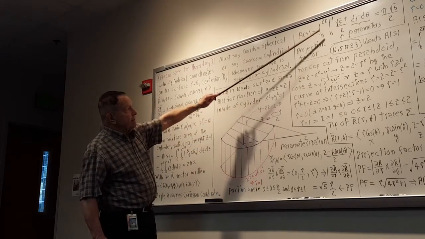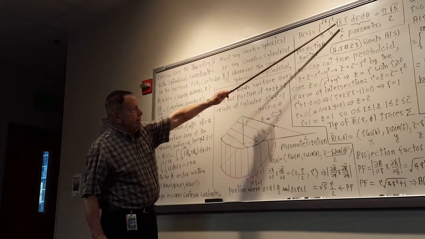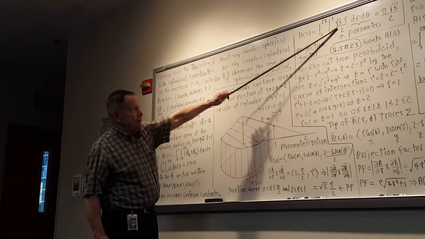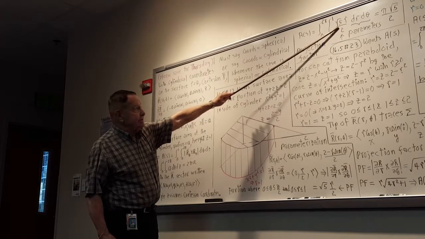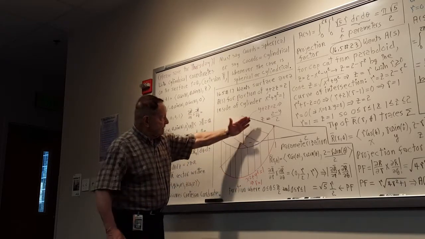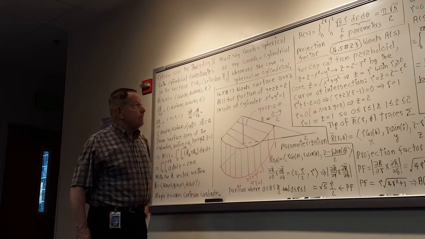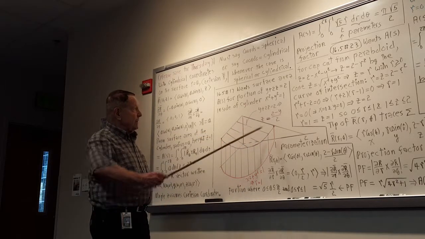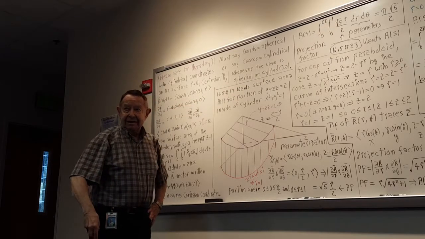So I have 0 to 2 pi, and then 0 to 1, and then this is my projection factor. So it's the same thing as the secant of the angle gamma between the normal to this plane and K. And since it's a plane, that angle is a constant then.